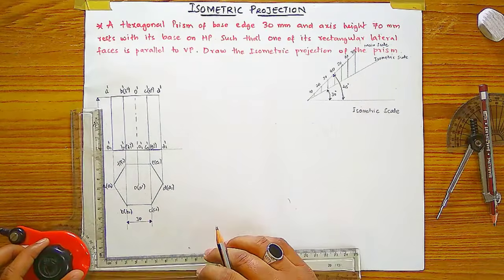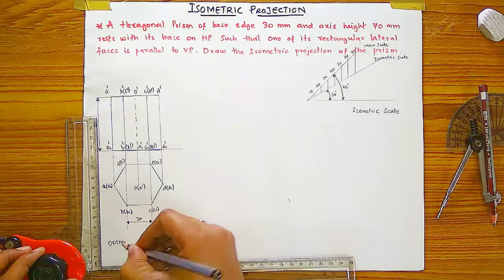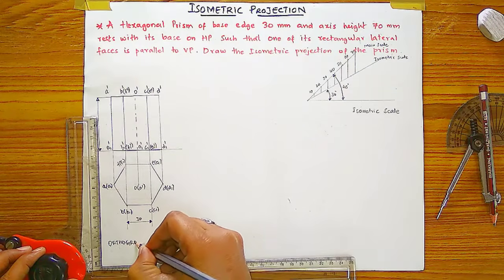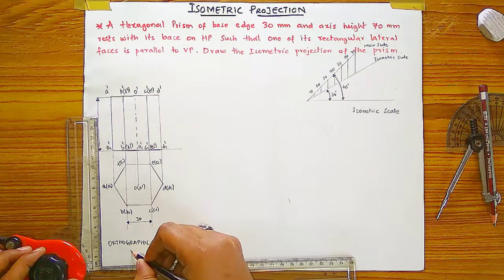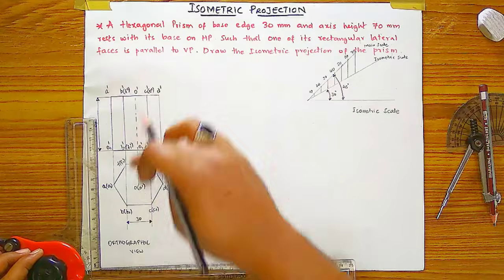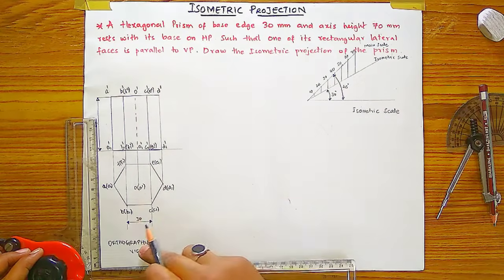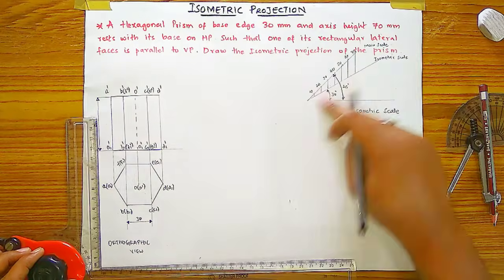This is 30 mm, and this is the orthographic view. This front view and top view of the hexagonal prism is the orthographic view. You have drawn it according to the isometric scale.